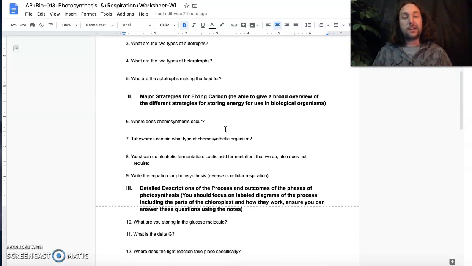The second major topic is going to be about the concept of fixing carbon as an energy storage method for biological organisms. And there's several different systems. There's chemosynthesis, there's alcoholic fermentation, there's lactic acid fermentation, and then there's photosynthesis.